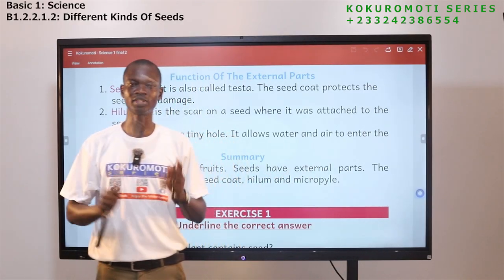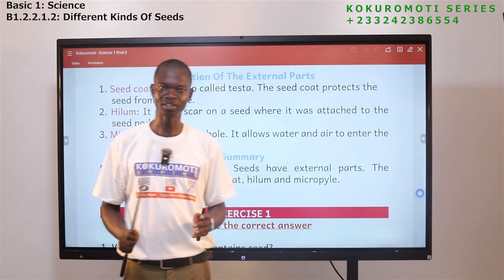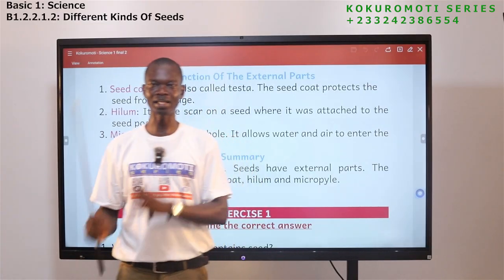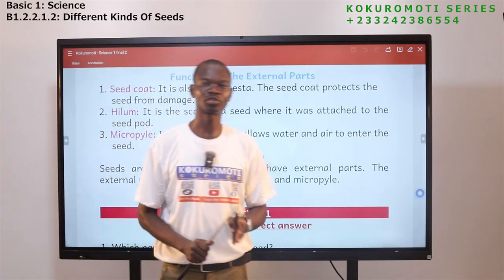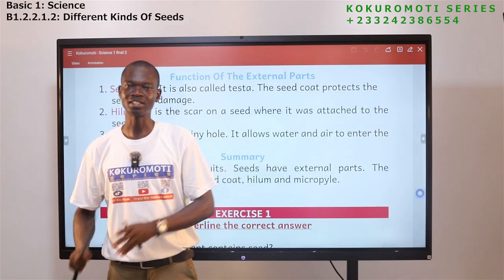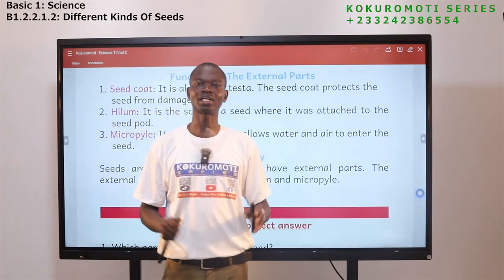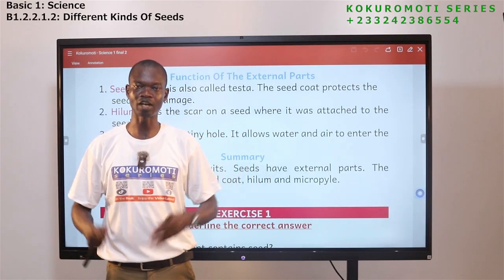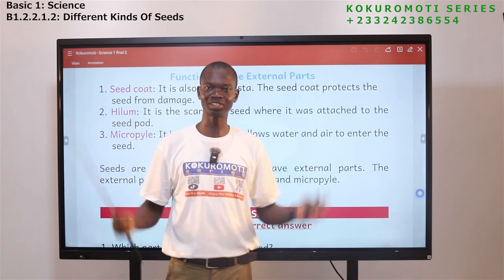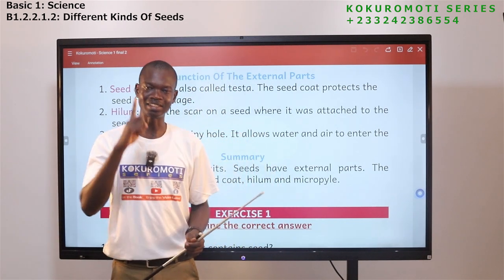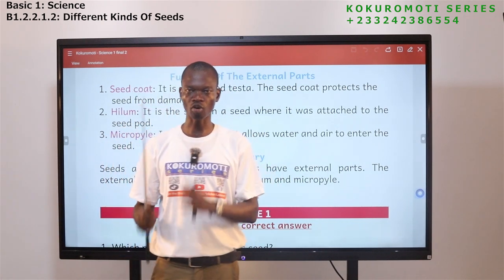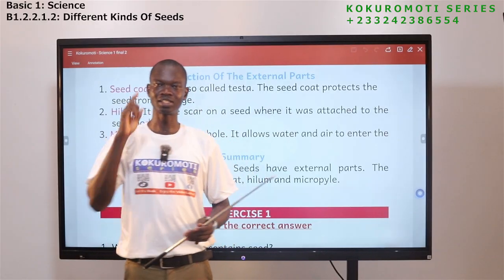Today we have learned about the seed. We have said that some fruits have one seed, some fruits have no seed at all, and some fruits have more than one seed. They have two or more. Fruits that have only one seed are called drupes.